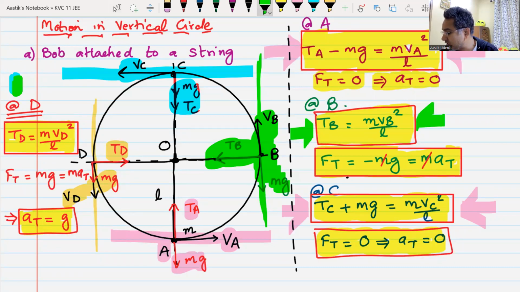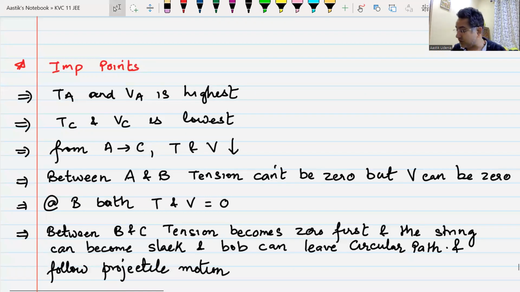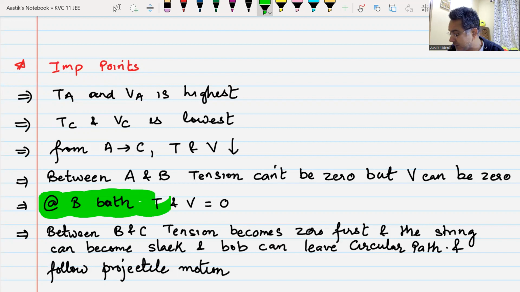As soon as the tension at point B becomes 0, the velocity automatically becomes 0. We have also noted it down in the notes. I know you have written it, but there is no point of writing it when you don't remember it or understand it. So as soon as tension at point B becomes 0, the velocity also becomes 0.